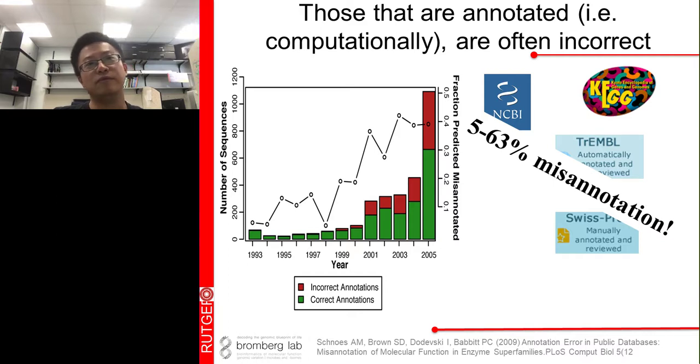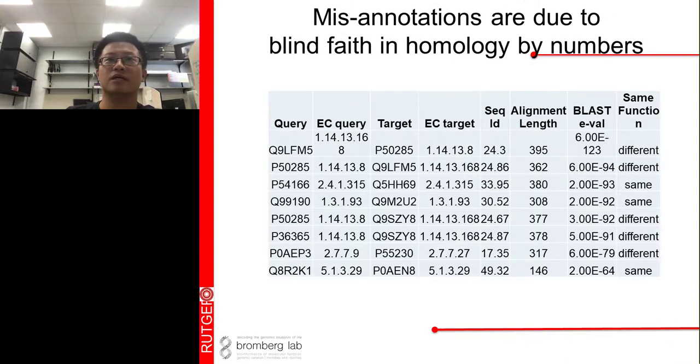But then, why would we have this mis-annotation in the first place? The culprit lies in the blind faith of people in homology by numbers. What do I mean by that? If you have a protein sequence with an unknown function and you want to figure out what this protein is doing, the most common practice is that you take it to NCBI and you BLAST it against some reference database, and then you look through the hits and find out what this protein is doing.